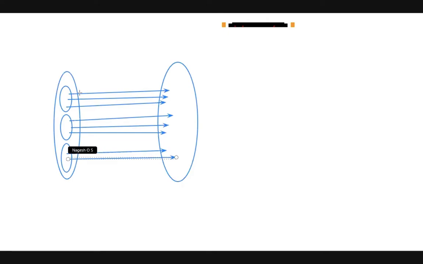This is a big set, a set of sets. The small sets inside are mapped to this big set. So a set of sets mapped to another set is called a functional.